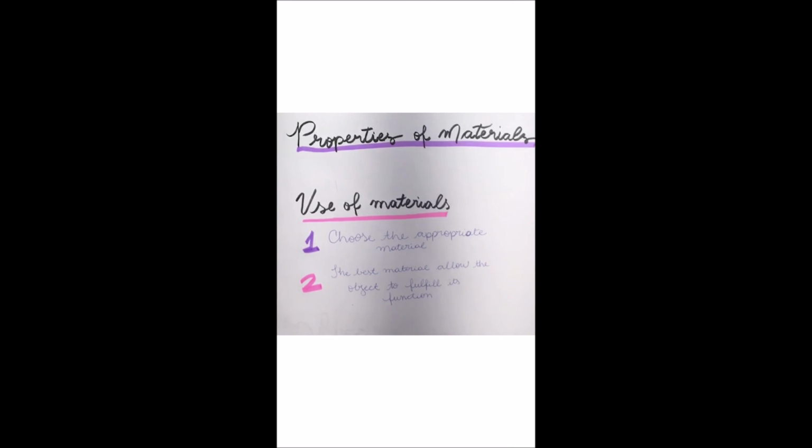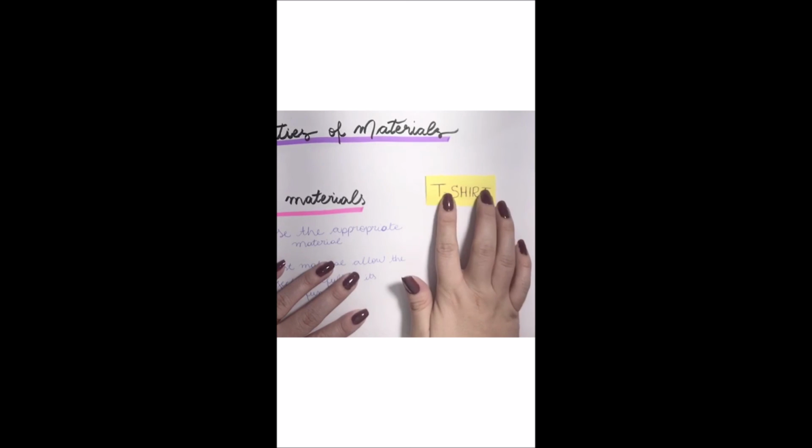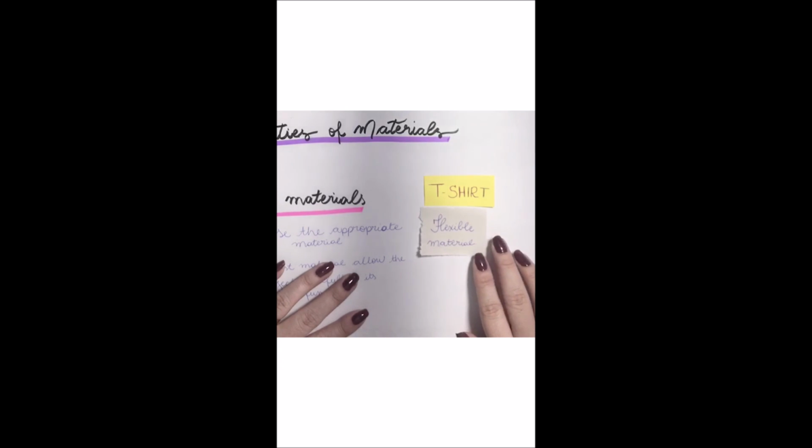Now let's think together about an object and the property of the materials that we need to build one. T-shirt. If you are producing a t-shirt, what is the function of this object? Okay, it's something that you need to wear. For that, we need a flexible material. Agreed? Because if you're wearing it, it needs to be flexible.